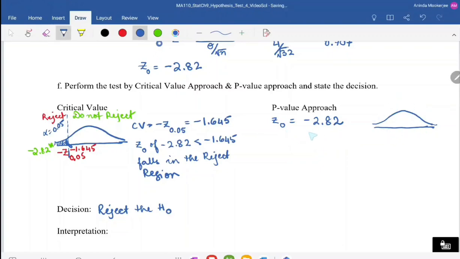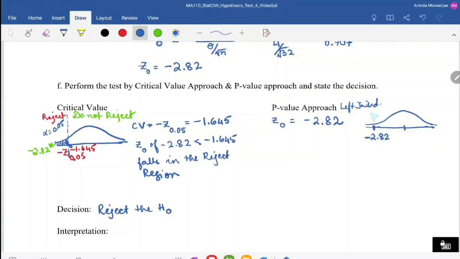So remember, this is a left tail test. Therefore, negative 2.82 is located to the extreme left somewhere here, way to the left of the center point.